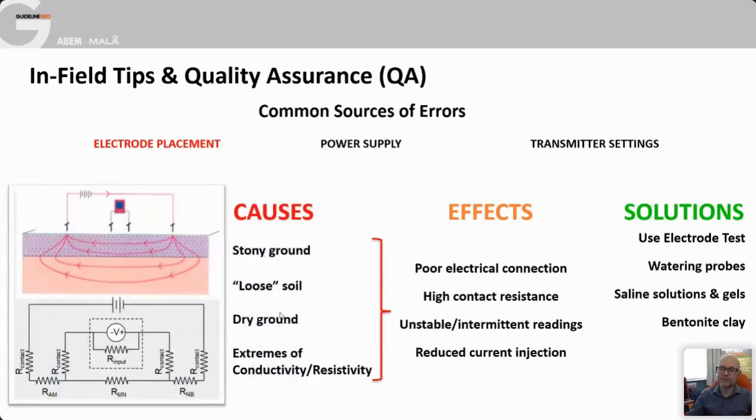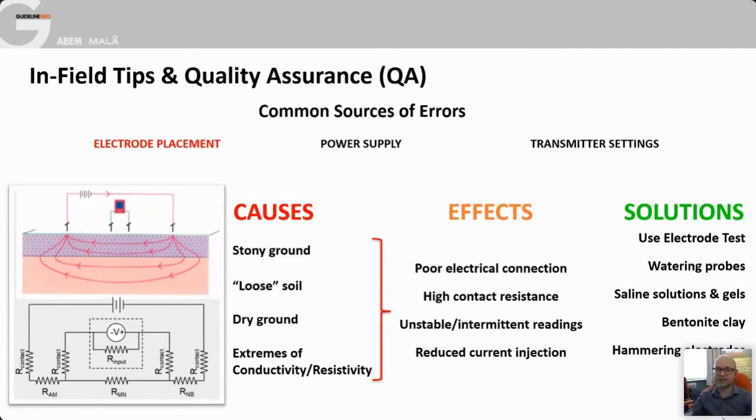Then the two methods we have to improve the contact resistance, and therefore increase the amount of current that can be injected, are to reduce the resistance physically of the material that is there. So water it, add gels or saline solutions, or use clay, as we saw in that plate example, as a way of increasing the footprint of the electrode.